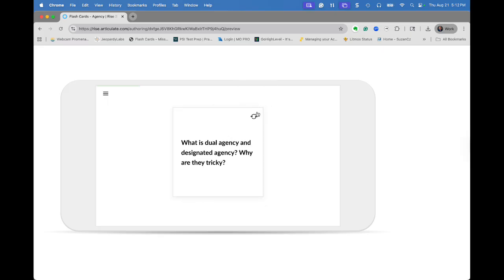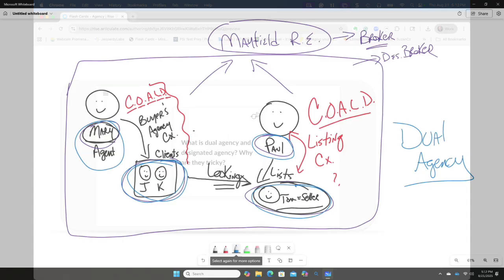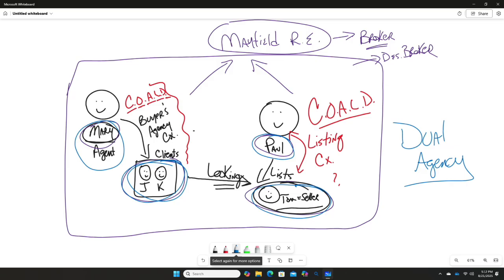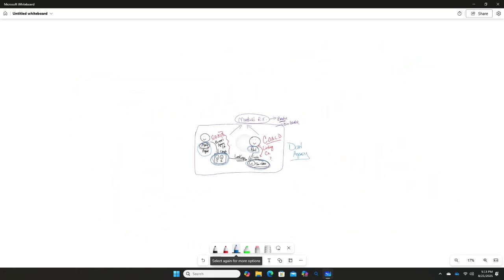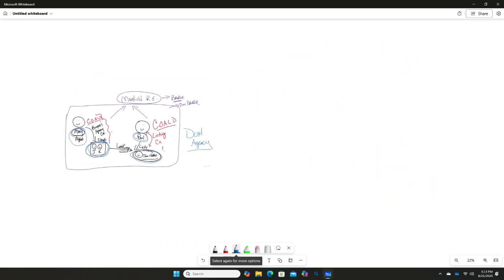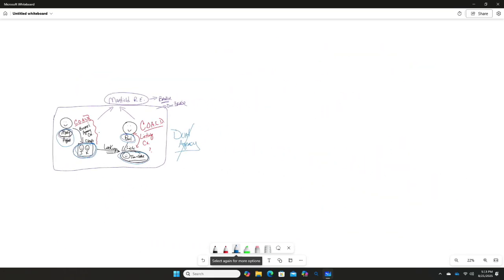So that's kind of the problem that we have there. However, if I employ designated agency, so if I say, okay, I don't want to do dual agency, I'm just going to get rid of that, I'm now going to do what's called designated agency.